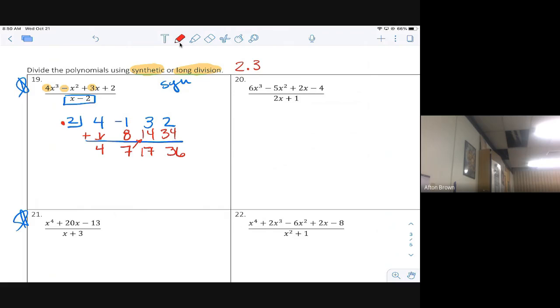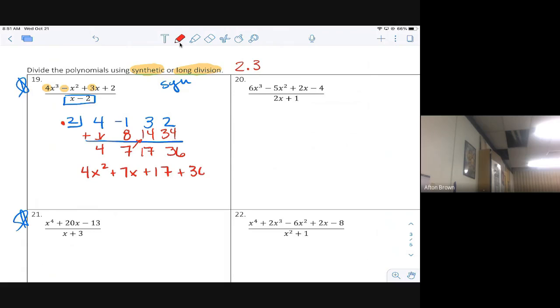So I'm gonna bring my x down less than 1, correct? So I'm gonna have 4x squared plus 7x plus 17, and then I just put my remainder on the end. So you guys say, what do we do? It's 36 over x minus 2. Perfect.